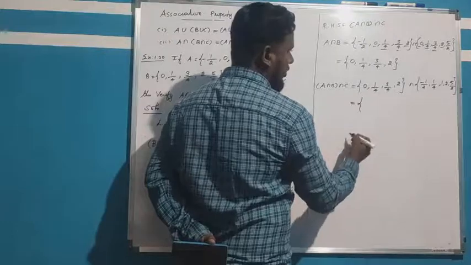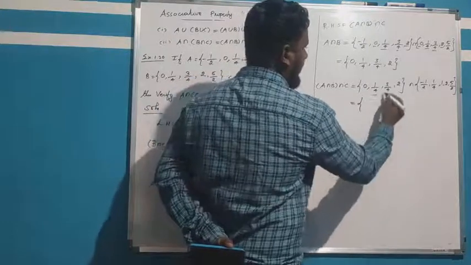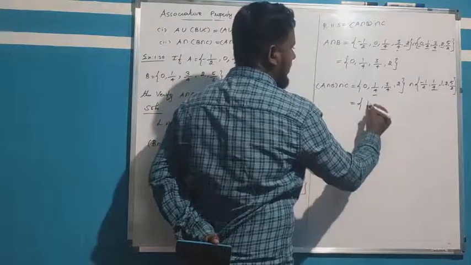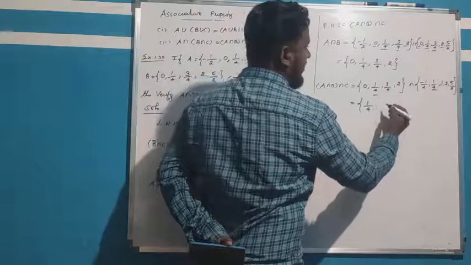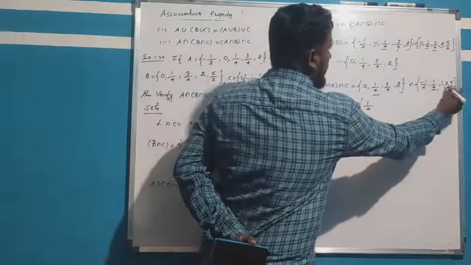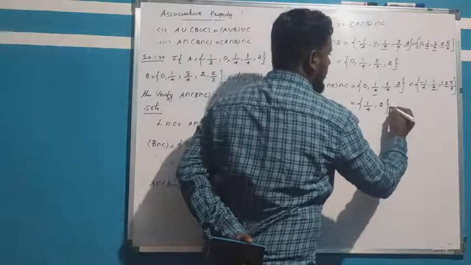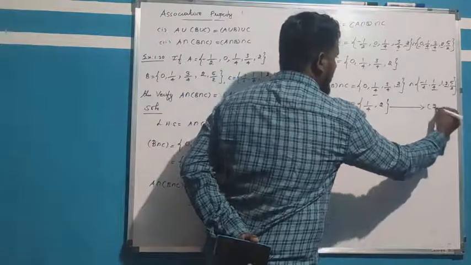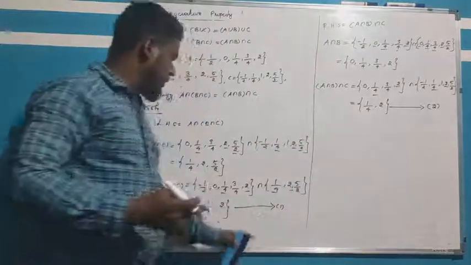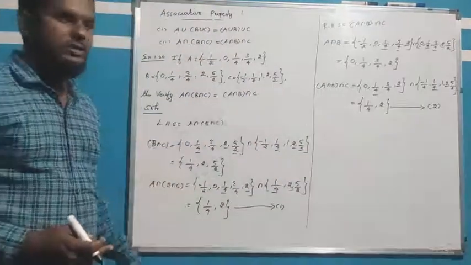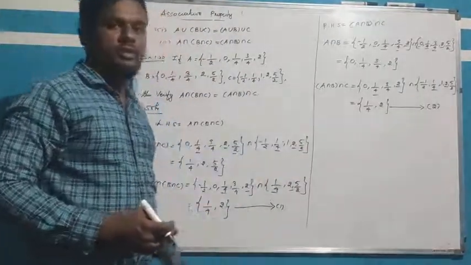Intersection means it contains the common elements. So what are the common? 1/4 is common, and 2 is common. So the result is 1/4 and 2. This is equation number 2. Compare equation 1 and 2: equation 1 is equal to equation 2.